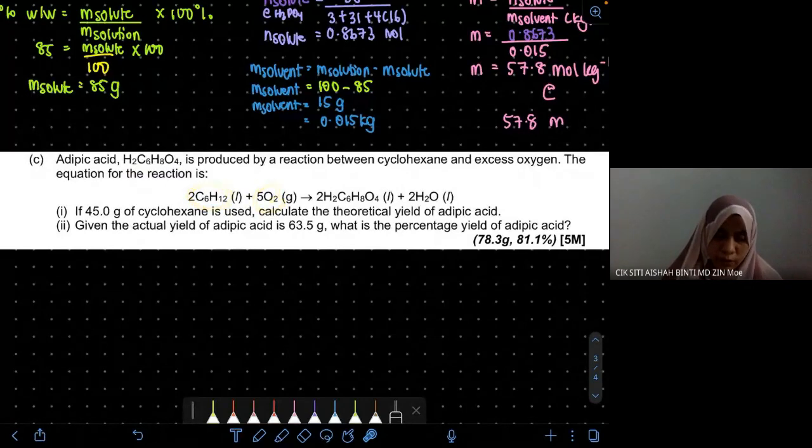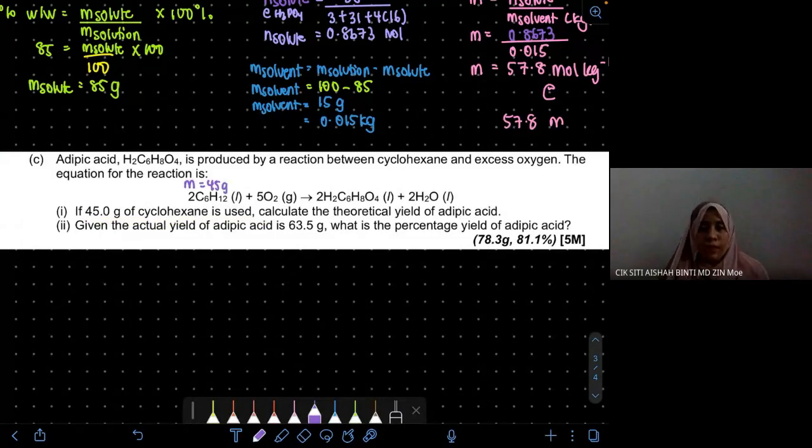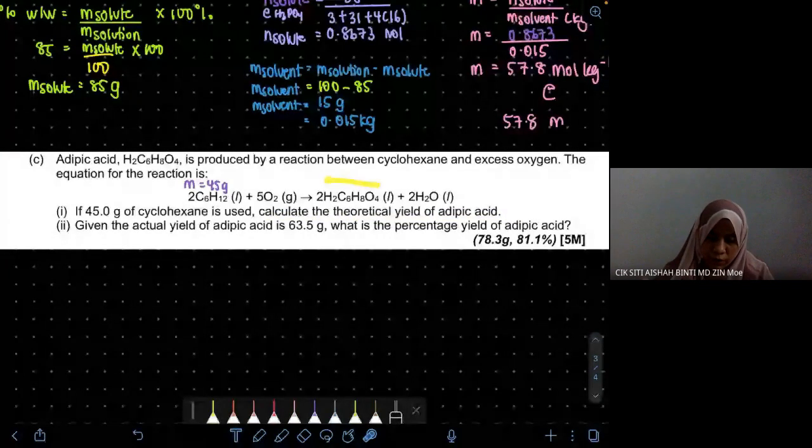Dia kata if 45 gram of cyclohexane is used, so the mass here is 45 gram. Dia minta calculate the theoretical yield of adipic acid.